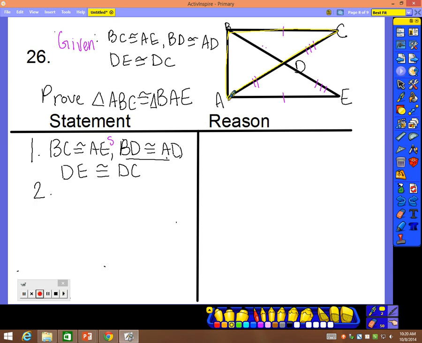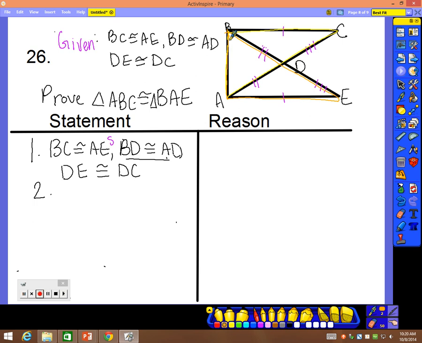And the other one was triangle BAE, so that triangle. And what I do recognize is they share this common line, don't they? So once again, I have a reflexive property going on.